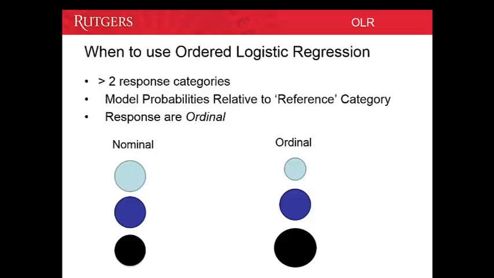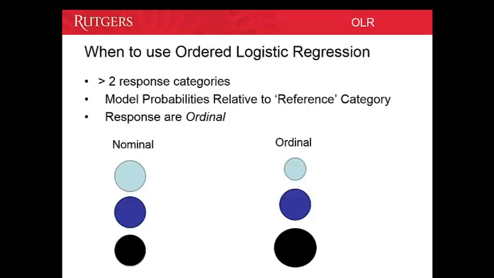Take these two examples here. In the nominal one, all we can see is 3 differently colored circles. However, there is no specific order. They are different, but we cannot say that one comes before the other.